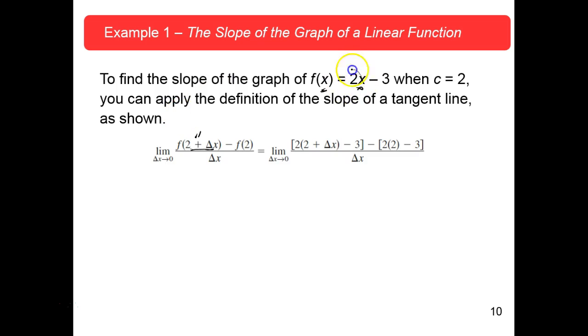You start with a 2, and then instead of x you put 2 plus delta x, minus, now everywhere you see an x up here, you put a 2 in. You remember how to do that? What would that be?